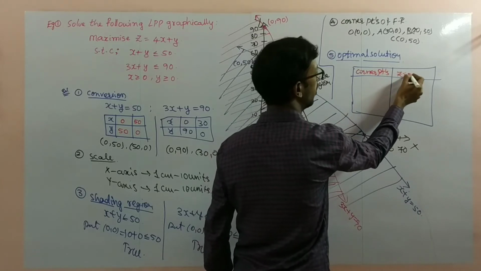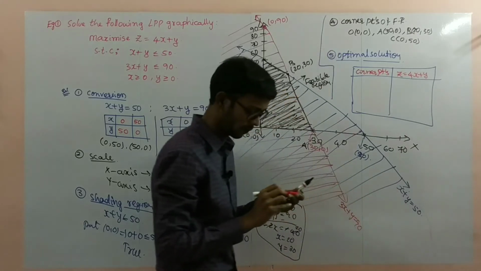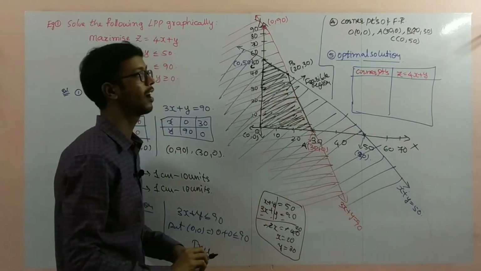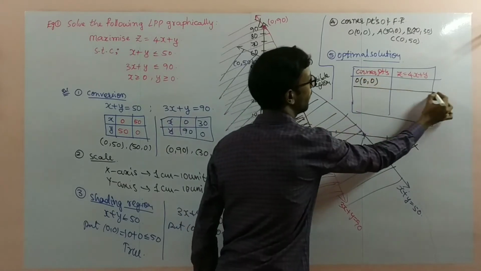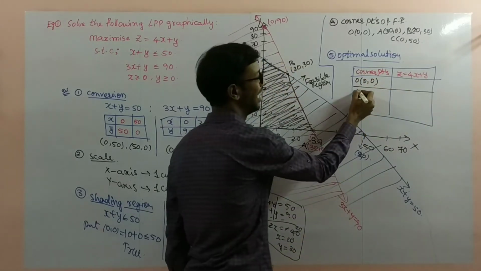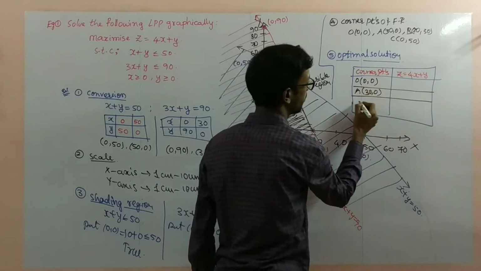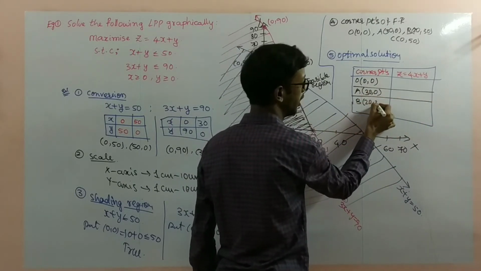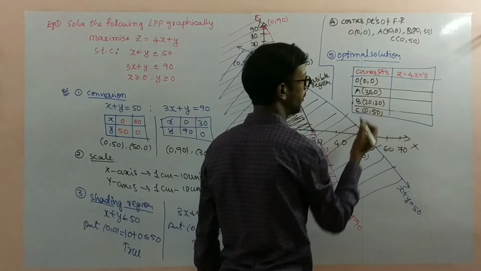Here z equals 4x plus y. So what are the corner points here? O is 0, 0 and A is 30, 0. B is 20, 30. C is 0, 50.